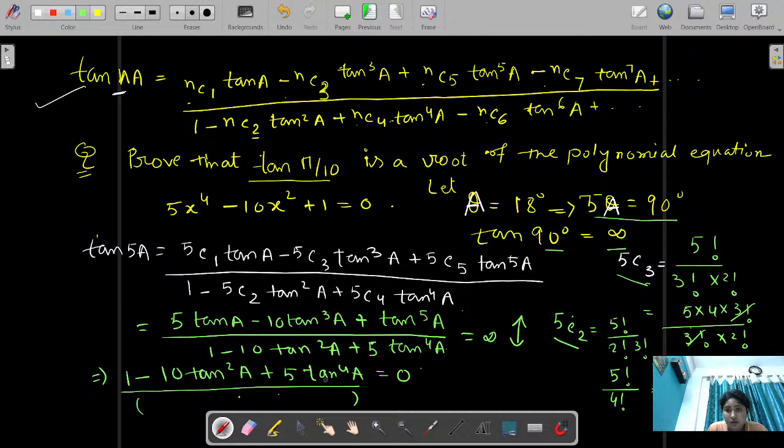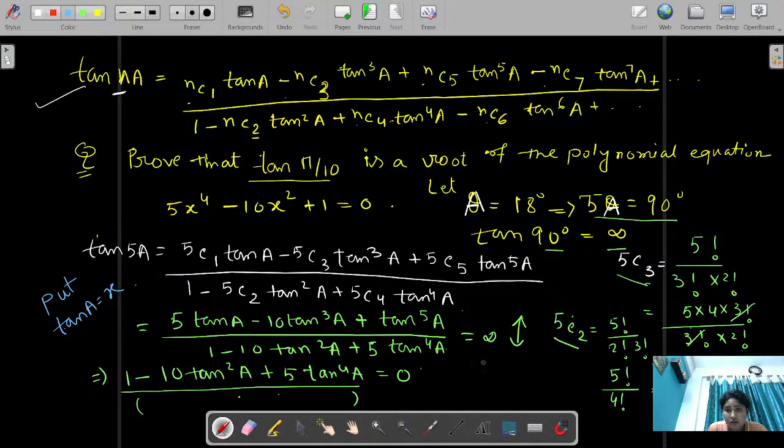Now if I take tan A equals x, then what will I get? Put tan A as x.